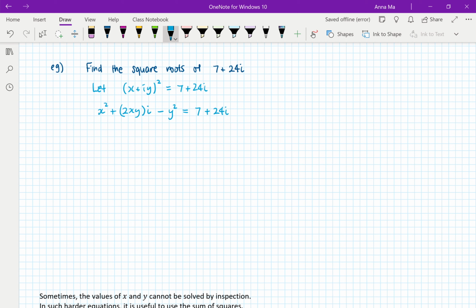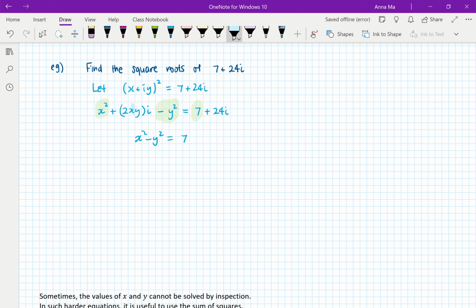So if I let it equal 24i, then now I can equate the real parts and the imaginary parts. So the parts that don't have i in it, the real parts, those expressions should equal each other.